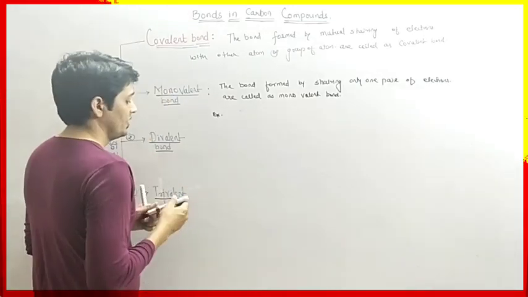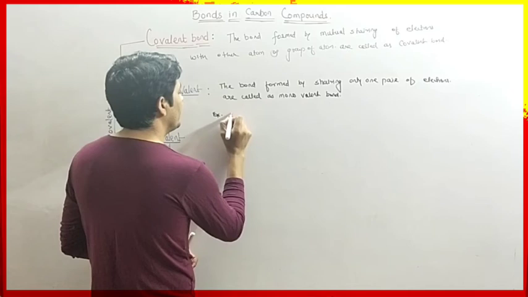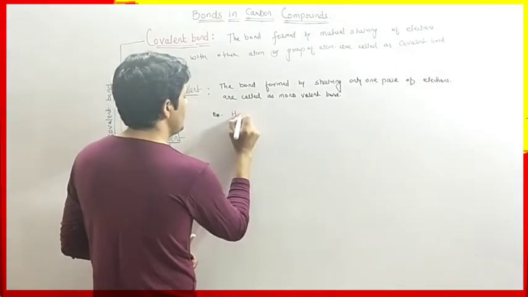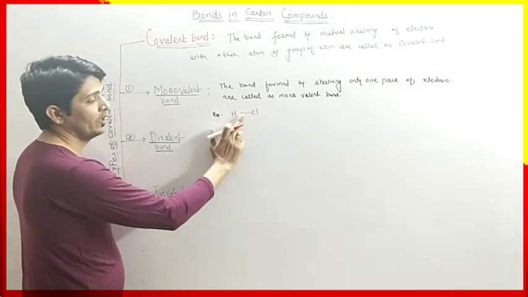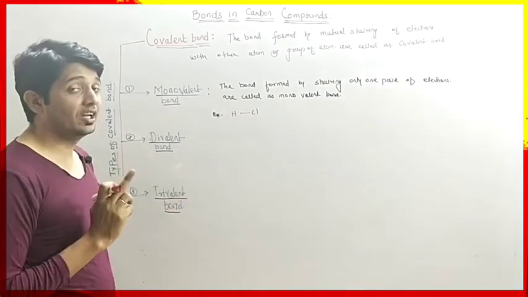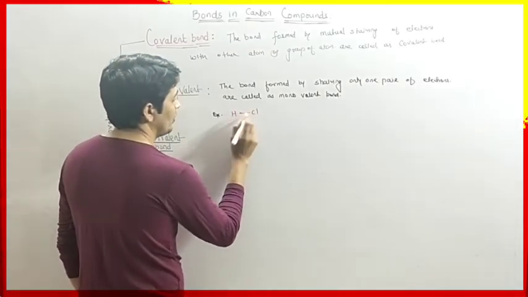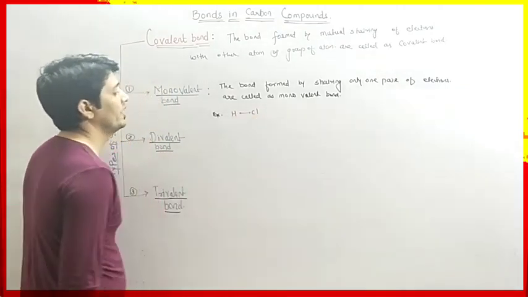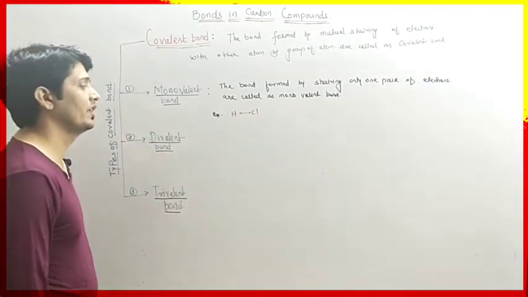See, in case of hydrogen chloride, HCl, between hydrogen and chlorine, only one single pair of electron they share. One electron of hydrogen and another electron of chlorine atom. So this bond is formed by sharing only one pair of electron.